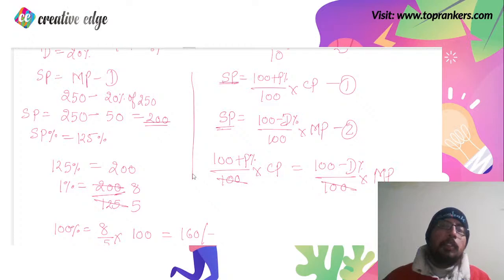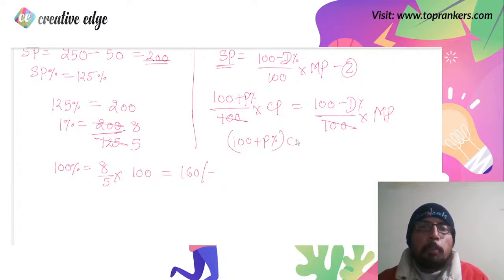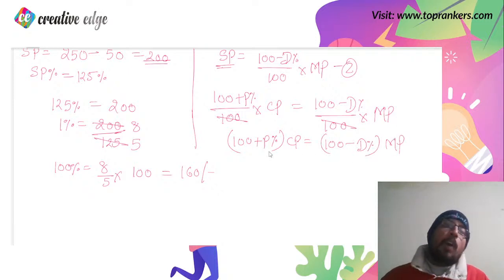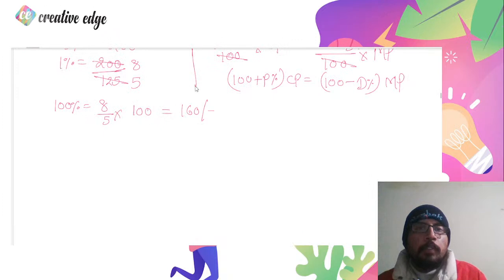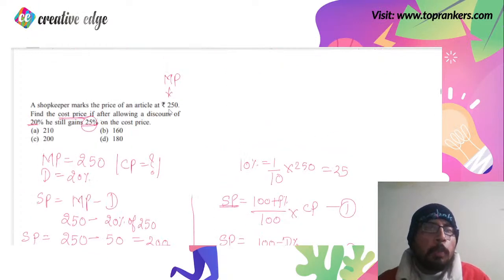So I would be getting 100 plus profit percent into CP is equal to 100 minus discount percent into MP. Now in this question I have been given profit percent. So 100 plus 25.